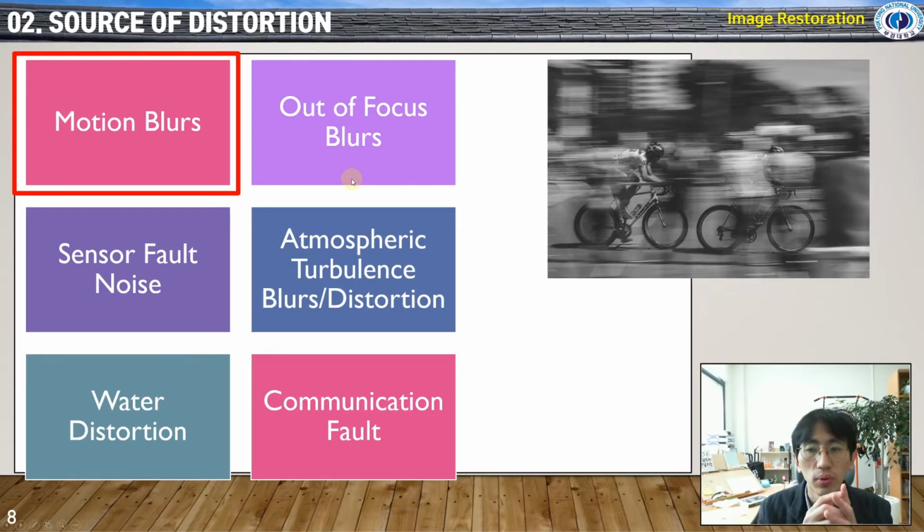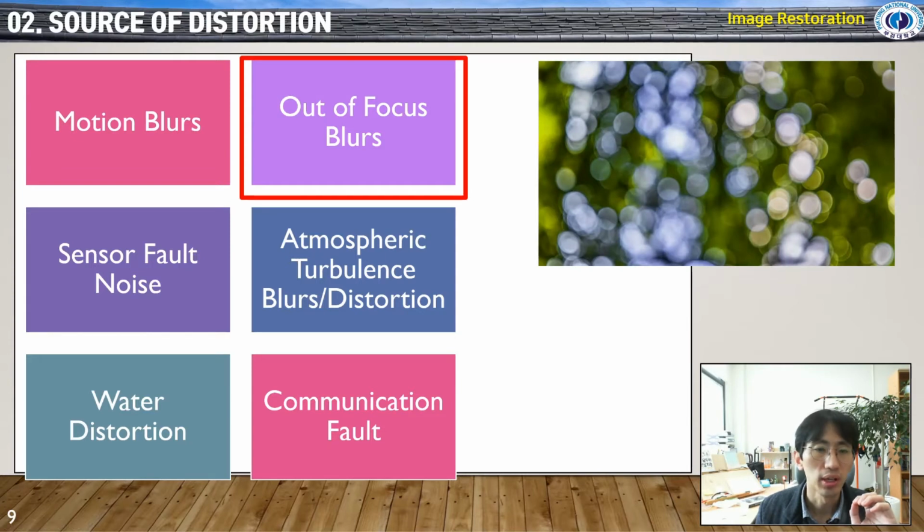When you take a photo, if something moves, an object moves very fast, then the image becomes like this, right? And if your camera moves, then it happens in a similar way. We call this motion blur.